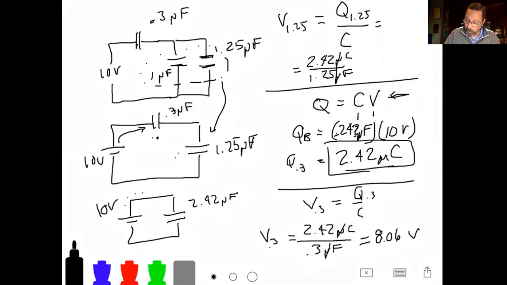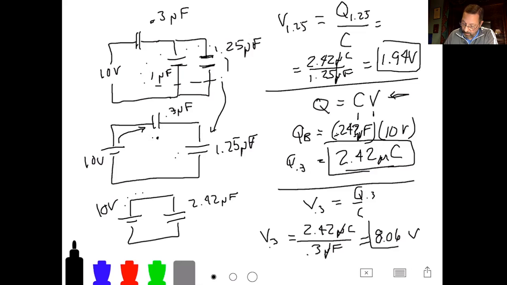Micros cancel. A coulomb divided by a farad is a volt. 2.42 divided by 1.25 turns out to be 1.94 volts. All right, so I think we've answered, if you're following along, part C here, haven't we?